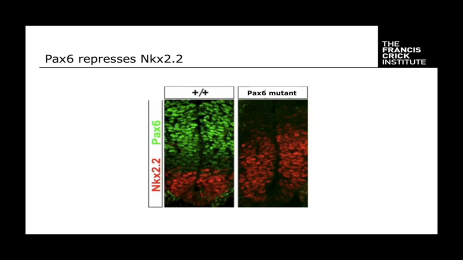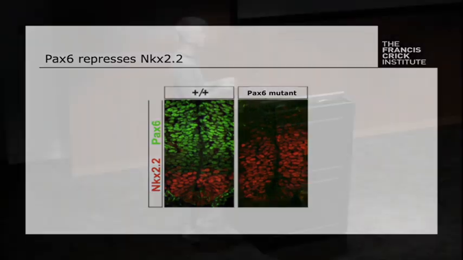But you can also notice a marked expansion in NKX2.2 expression. Now, the dorsal limit of NKX2.2 is much further away from the source of hedgehog than in wild-type embryos. So this is a type of genetic evidence that suggests that the downstream response genes, such as NKX2.2 and PAX6, are themselves involved in setting their spatial patterns of expression.